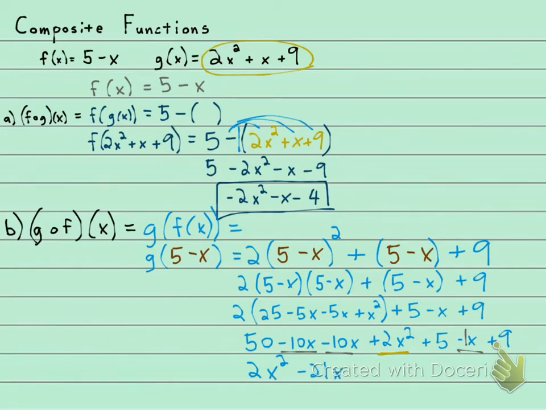And then our constants: I see 50 plus 5 plus 9. 55 plus 9 is 64. You see that I've color-coded these when I underlined them. There's nothing left out, so I know I've taken care of every term. Here is my answer.